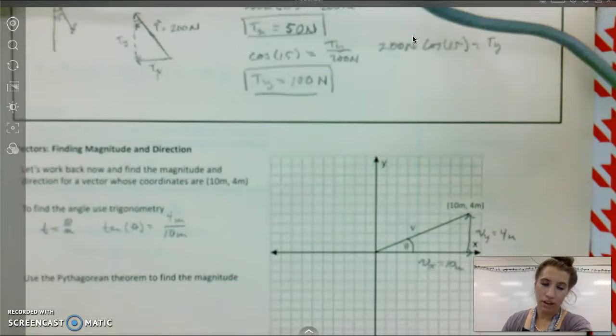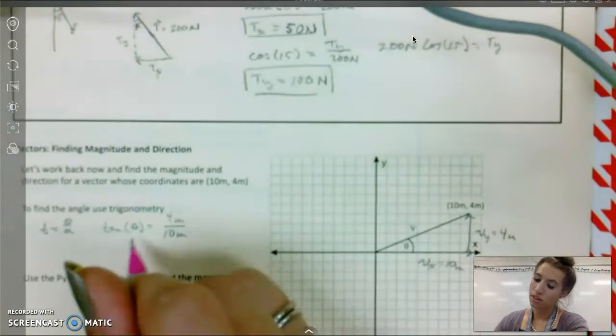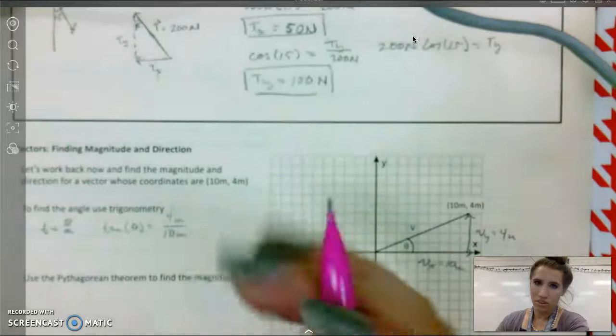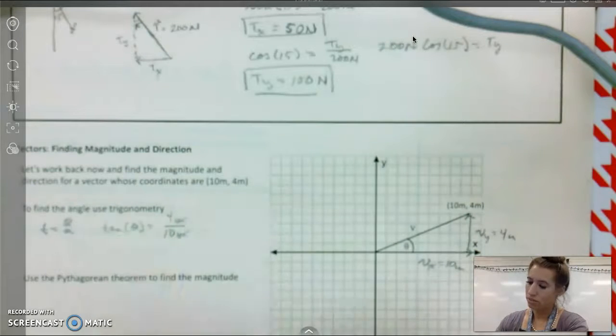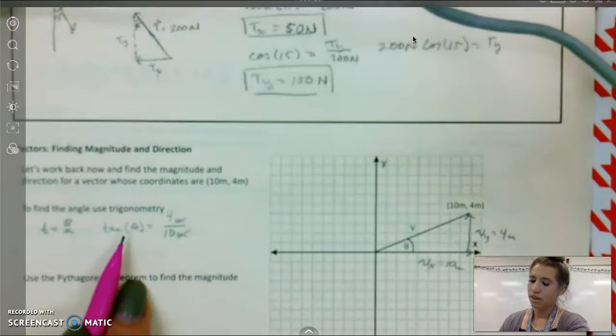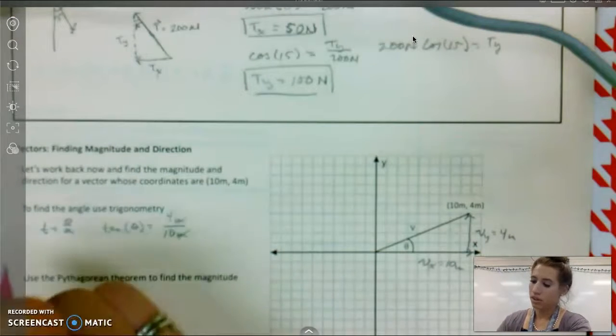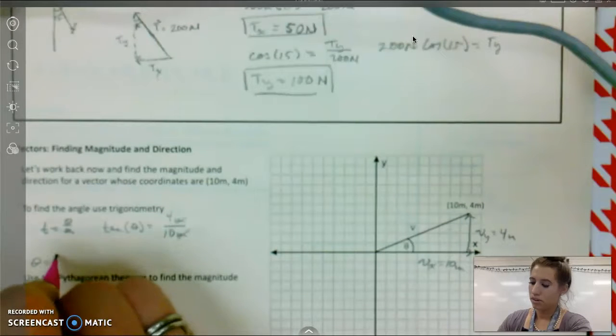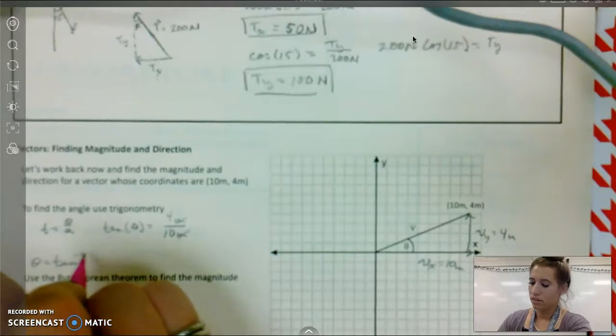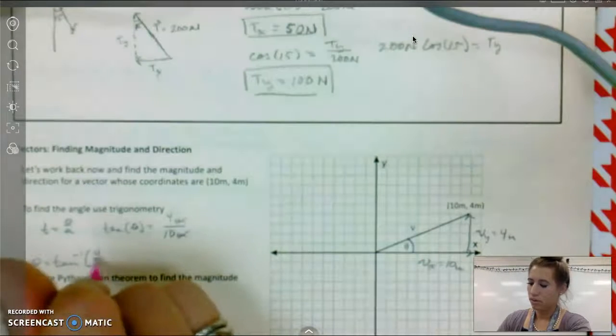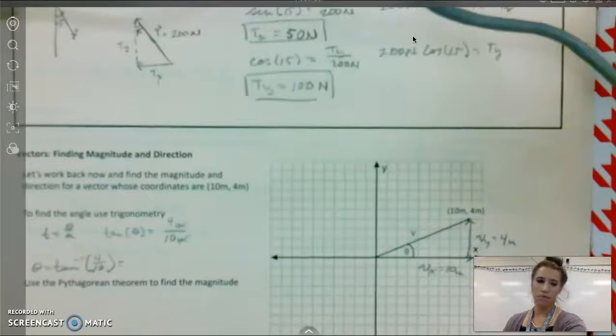Notice our units would cancel, and that would make sense because these angles, these degrees, they don't have units attached to them. And now we have to do an inverse tangent. So theta would equal tan inverse of 4 divided by 10. Okay, plug that in.